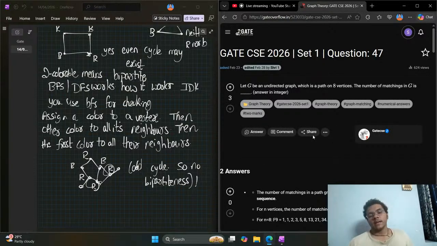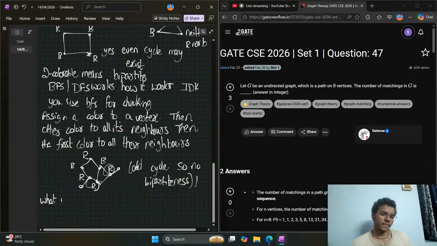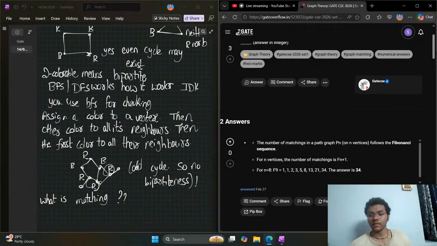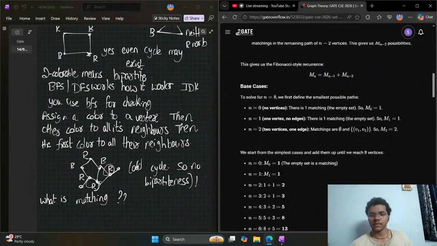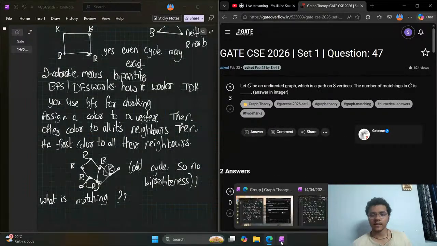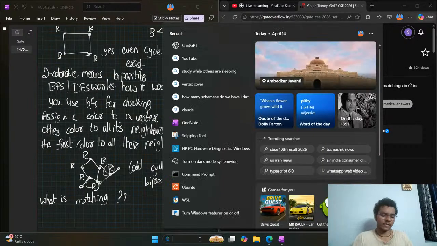Let G be an undirected graph which is a path on 8 vertices. The number of matchings in G is... what is matching? The number of matchings on a path graph follows the Fibonacci sequence. What is matching in an undirected graph and why does it follow the Fibonacci sequence?